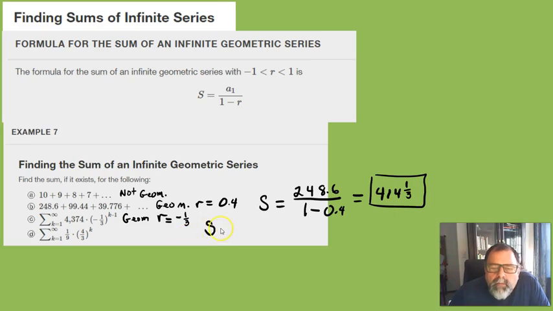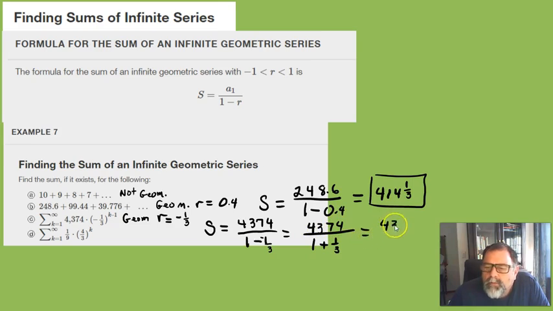So S will be, our initial term is 4374 over 1 minus negative 1/3, which becomes 1 plus 1/3, which is 4/3, because 3/3 plus 1/3 is 4/3. And then you flip it over.